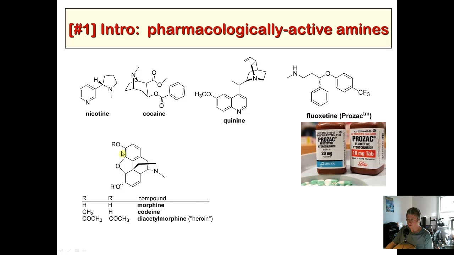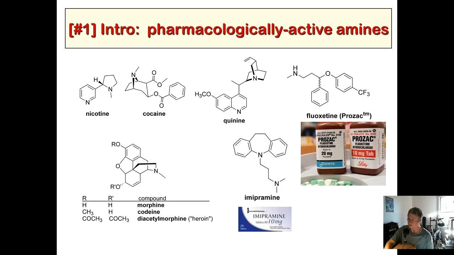And diacetylmorphine is what's known as heroin. It's a pretty major drug of abuse, and it has 2 acetyl groups, which enhance its bioavailability. So I think that's why it's used as an opioid of abuse. All right.